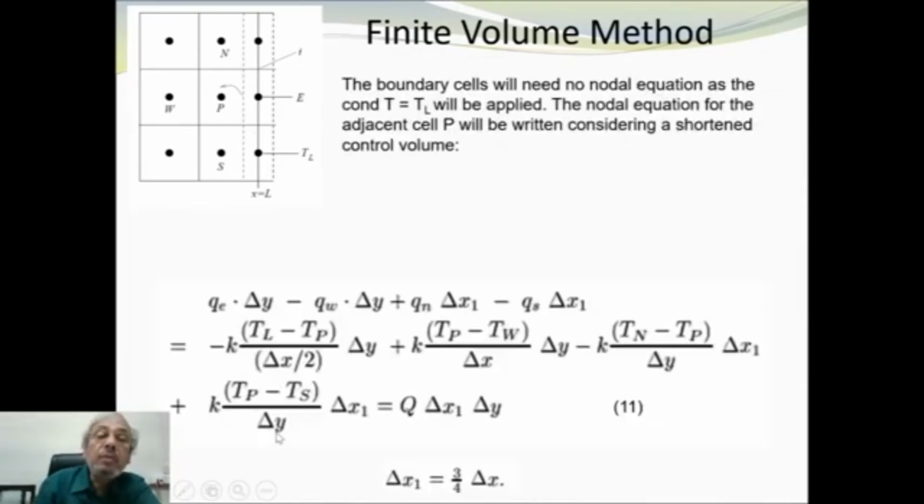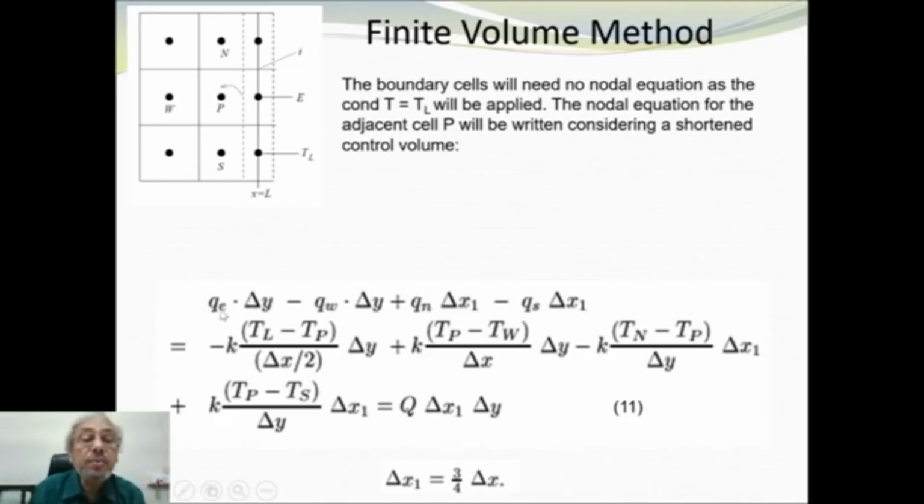So basically the boundary cells will need no nodal equation, as the condition T equal to TL will be applied. The nodal equation for the adjacent cell P will be written considering the shortened control volume.